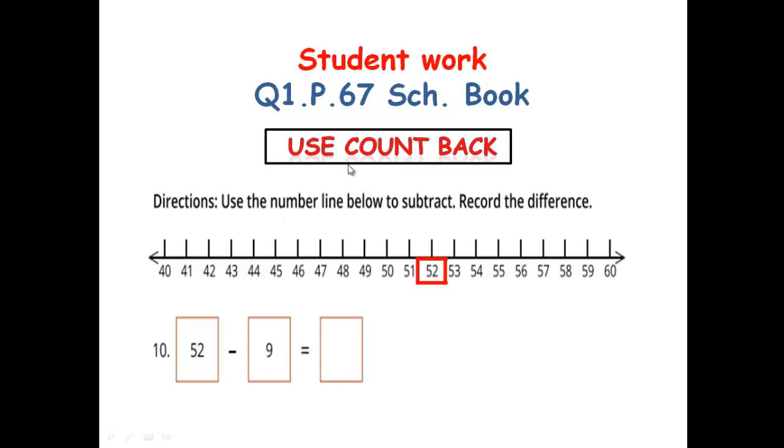So I will put my finger on 52 and start counting backward. 1, 2, 3, 4, 5, 6, 7, 8, 9, and stop. This is the answer. So the answer is 43.